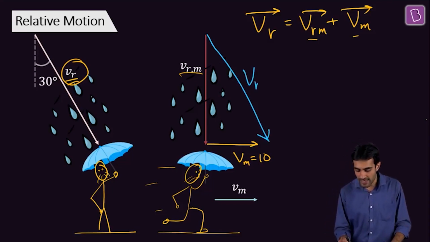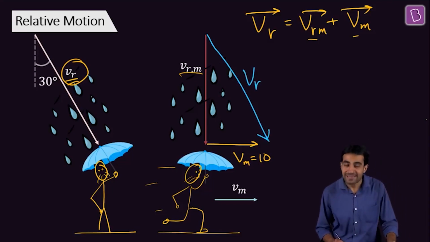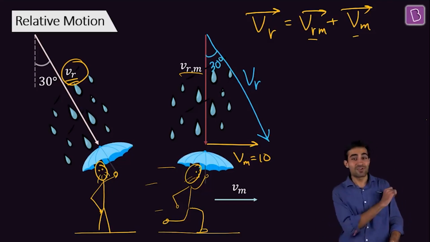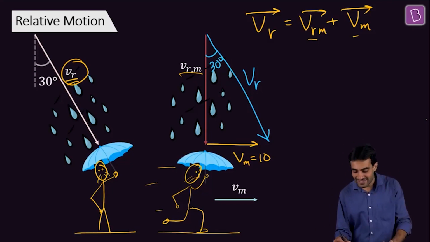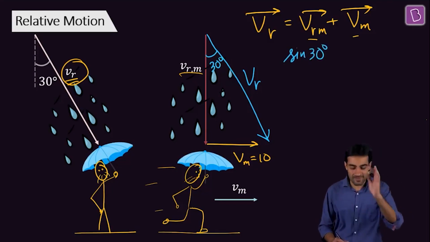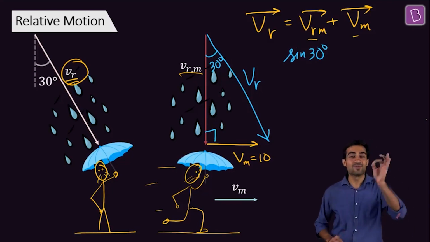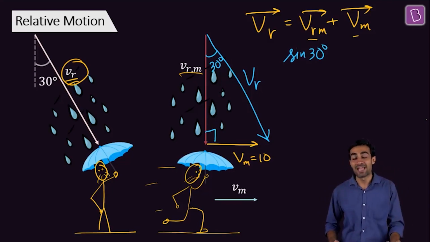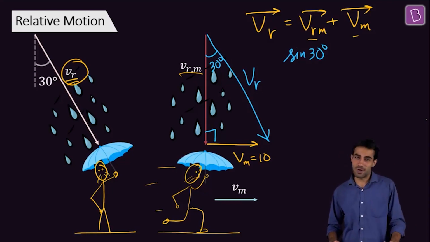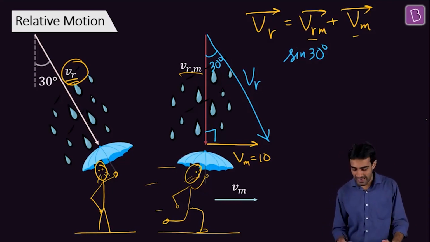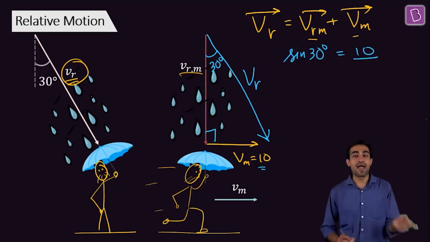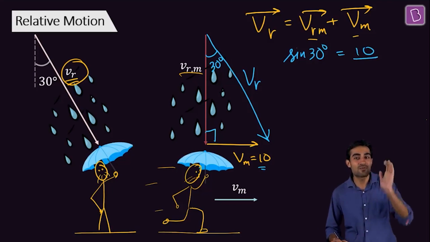This is velocity of rain with respect to ground or earth. Here we have VR. Okay. Now, can you see that this angle is 30 degrees? Yes, we can see it. Now, tell me, from this right angle triangle, what is sine 30? Sine 30 is perpendicular upon hypotenuse. What is perpendicular? It is 10. So we have 10 divided by hypotenuse. What is the length of hypotenuse?